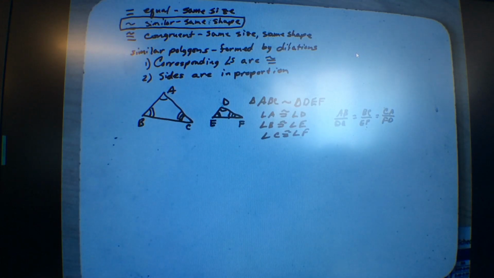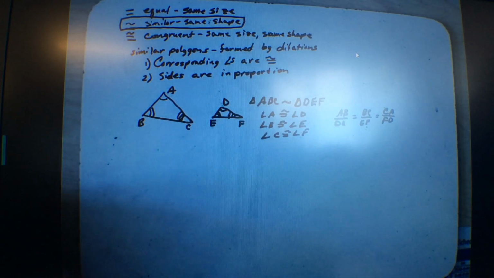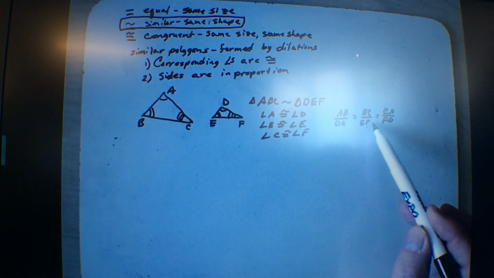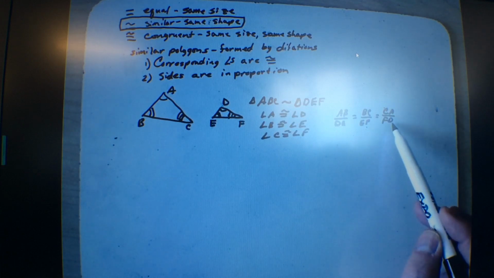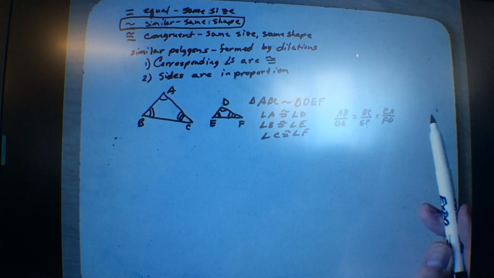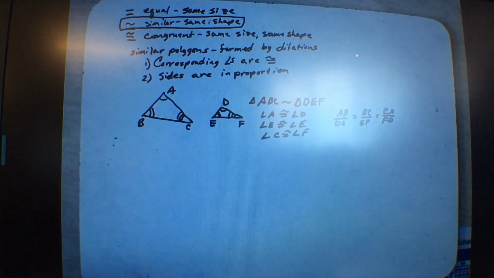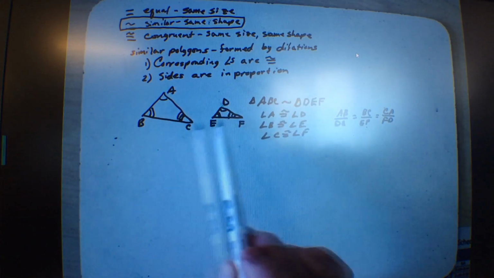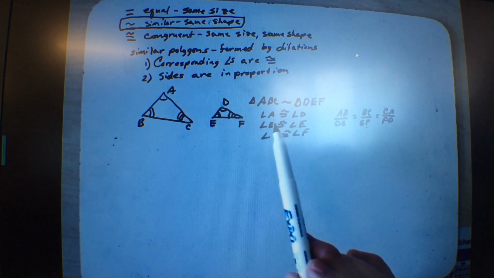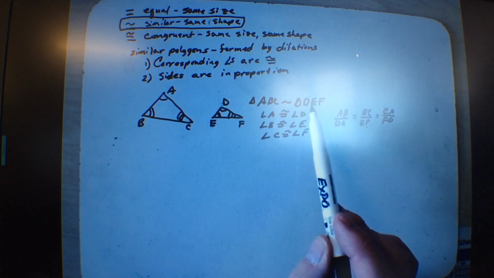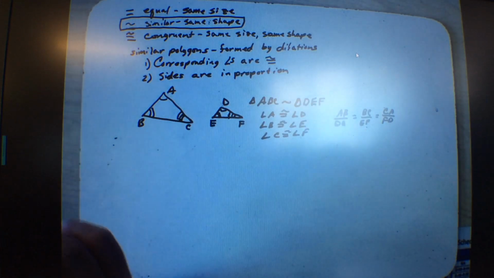You understand that? I can read it: AB over DE equals BC over EF equals CA over FD. Does that make sense? Questions about that? Now, do I need a picture to say which sides are in proportion and which angles are? No, I can go just from this, can't I?